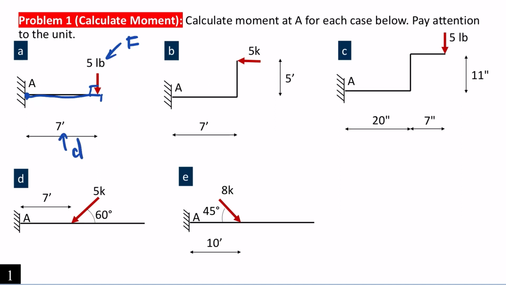So the moment in this case, moment of A, equal to 5 multiplied by 7, equal to 35 pound foot.